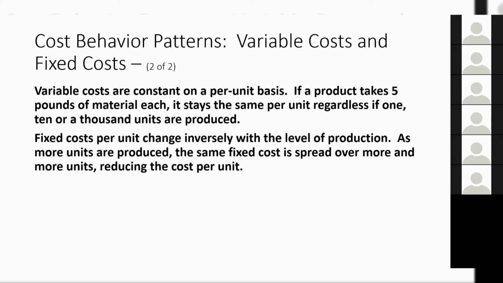When considering variable and fixed costs, it's very important to know if you're looking at the cost in total or per unit. Variable costs change in total in proportion to changes in the related level of activity or volume of output produced, and fixed costs remain unchanged in total for a given time period, despite changes in the related level of activity or volume of output produced.